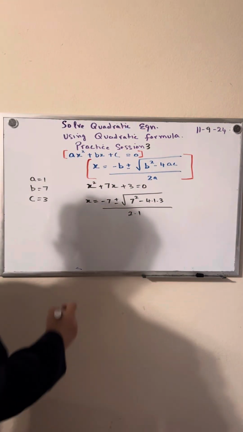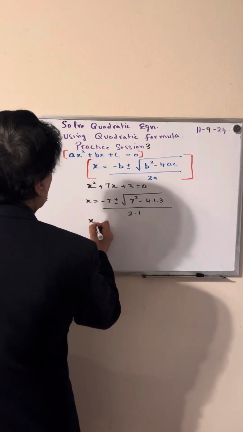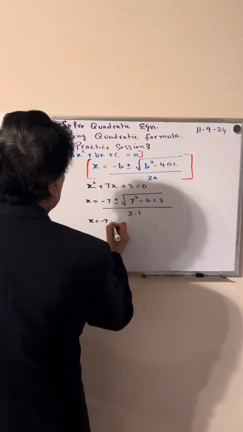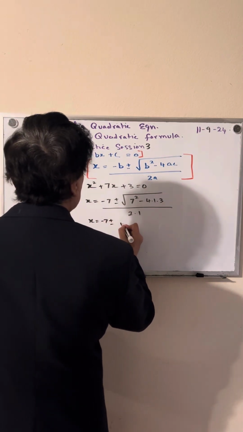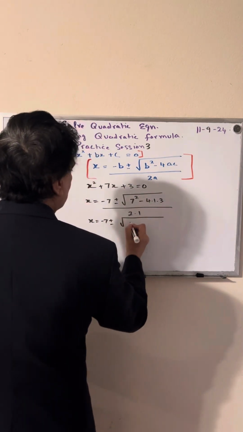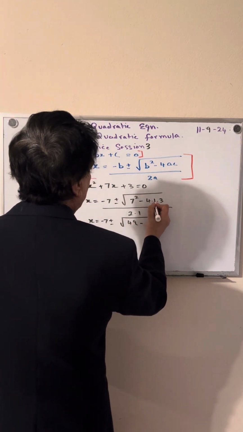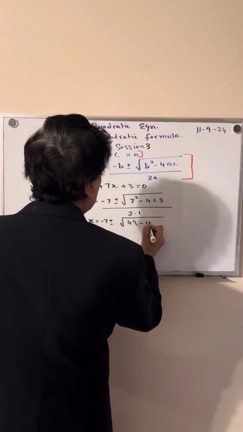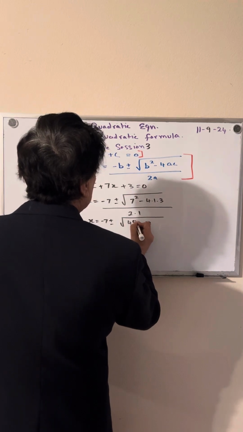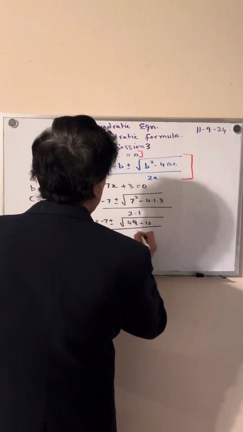Okay, so then you have x is equal to minus 7 plus or minus the square root of 7 squared, which is 49, minus 4 times 1 times 3, which is 12, the whole thing divided by 2.